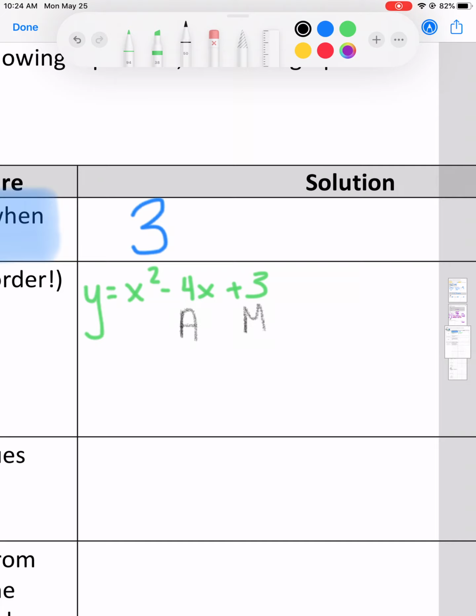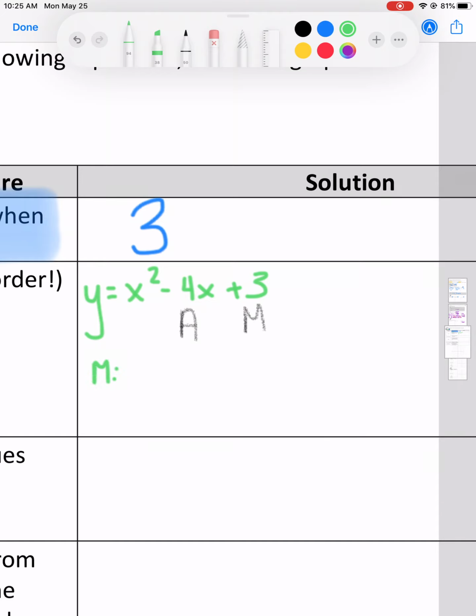Look, that number's super small for 3. Remember, it's positive 3. That means both of our numbers either have to be positive, but they have to be negative. If you look at the flow chart, you're going to find out that both our numbers are actually negative because our b term, so our negative 4x, is negative.